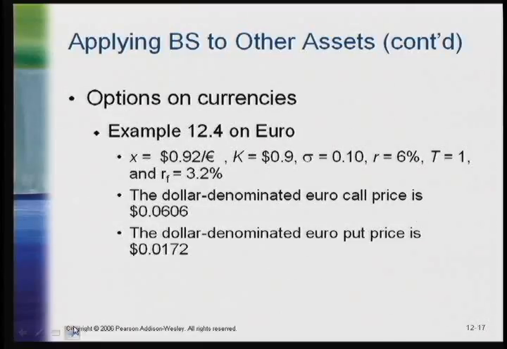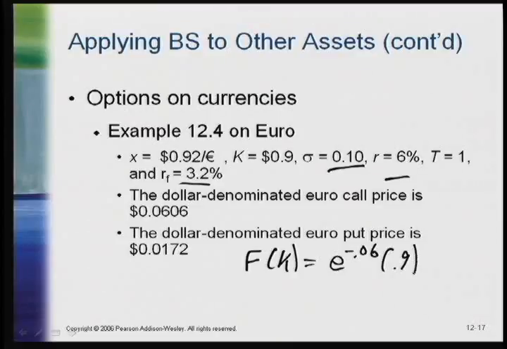So as an example, the book uses a price of 92 cents per euro, a strike of 90 cents, a euro vol of 10%, a 6% risk-free rate, and a 3.2% euro risk-free rate. So we can calculate the call and the put using the prior formulas. The prepaid forward on K is equal to e to the minus 0.06 times K, 90 cents.